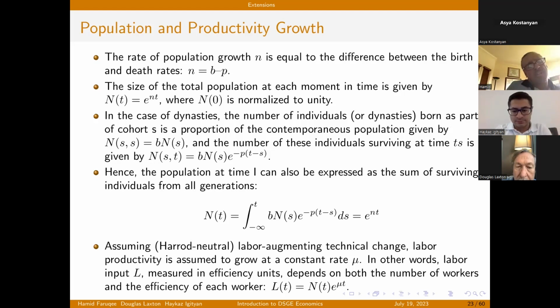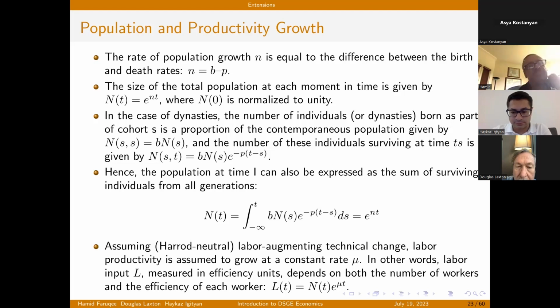In the case where you think of agents as dynasties, it would be changes in the number of those dynastic households changing over time. In the case where you're thinking of individuals, you could relate these to fertility and mortality rates, the inflow and outflow of people into the economy.